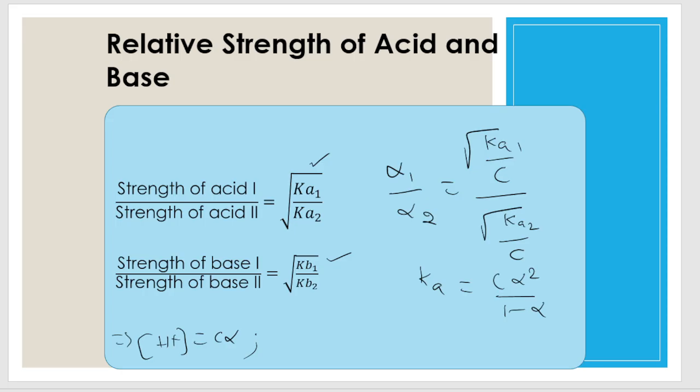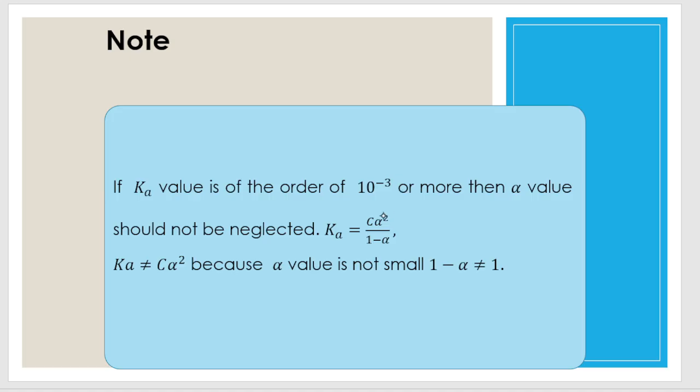Here, one important point to note is, if the degree of dissociation alpha is more than 10 power minus 3, then alpha cannot be neglected. Then 1 minus alpha is not equal to 1. In that case, the full expression Ka is equal to C alpha square by 1 minus alpha needs to be taken to calculate the Ka value.